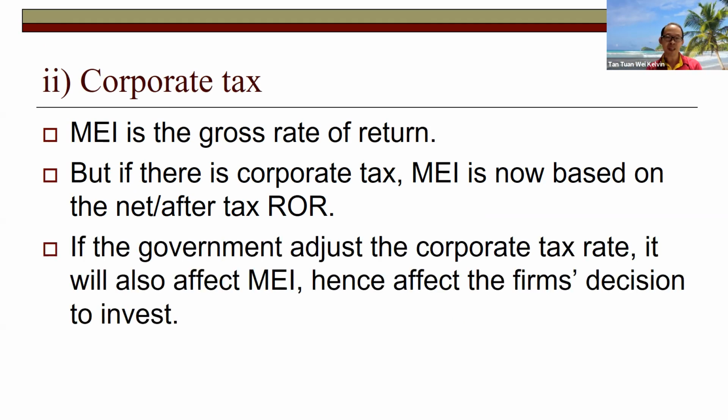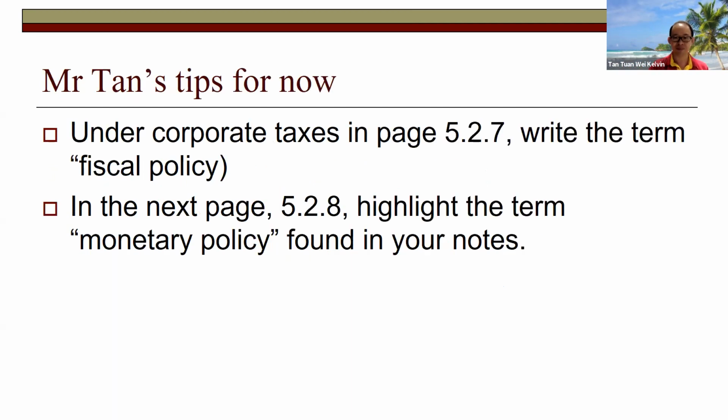If the government adjusts the corporate tax rate, it will also affect MEI, so you'll basically shift the MEI. If I lower the corporate tax rate, MEI will shift to the right. Firms will undertake more investment. But if I raise the corporate tax rate, MEI will shift to the left. Firms will undertake less investment.